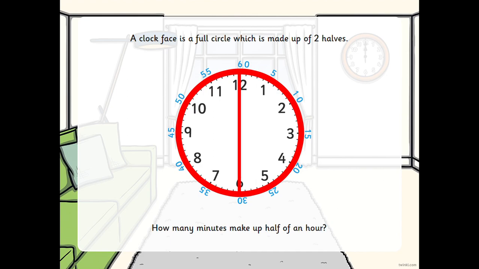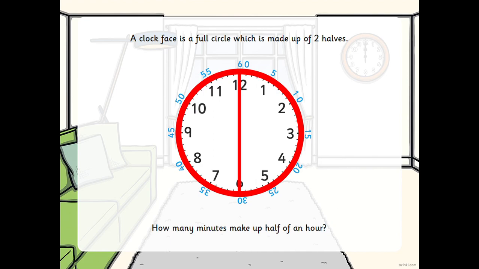So how many minutes make up half an hour? Now this is tricky. If you look at the blue numbers on the outside, we know that if you count in 5s around to each number, that shows how many minutes. So from 1 is 5, from 2 is 10, from 3 is 15, from 4 is 20, from 5 is 25, and from 6 is 30.